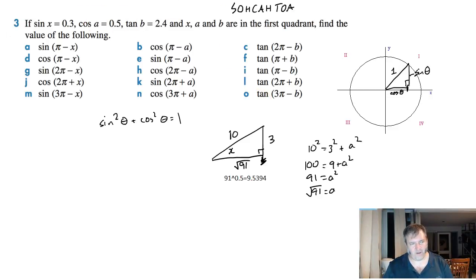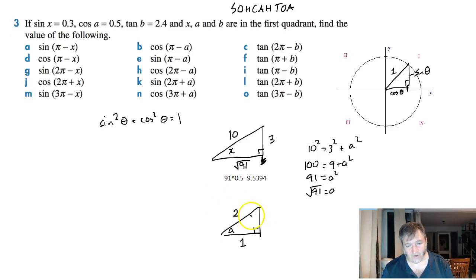Let's do the same thing with cosine of a equaling a half, 0.5. So the cosine of a, cosine's adjacent over hypotenuse, 1 over 2, and you might recognize this from the previous video as well.